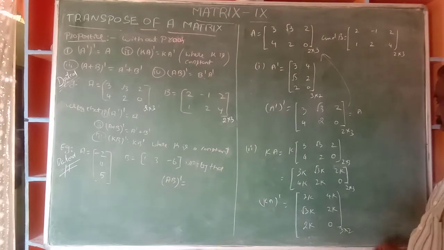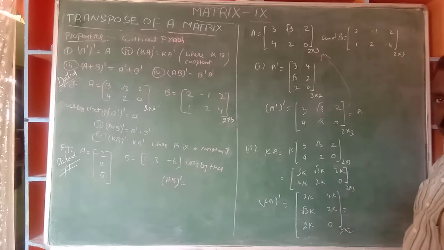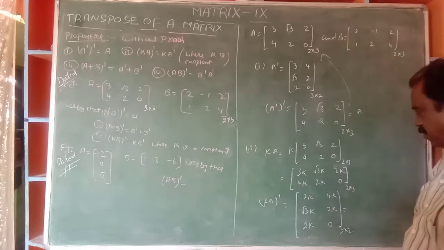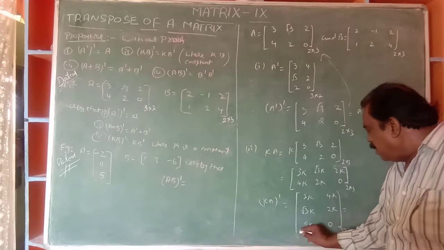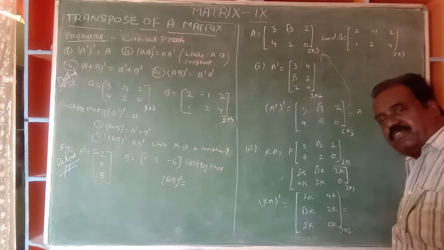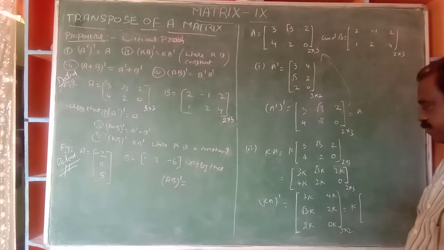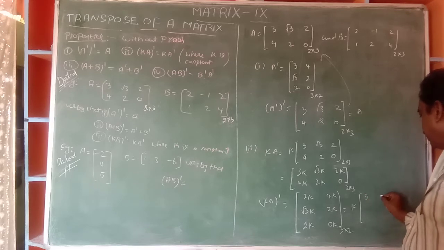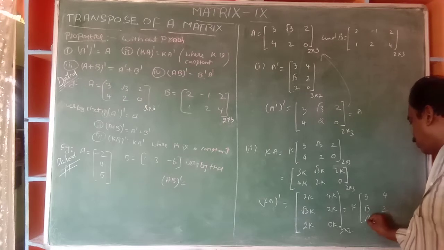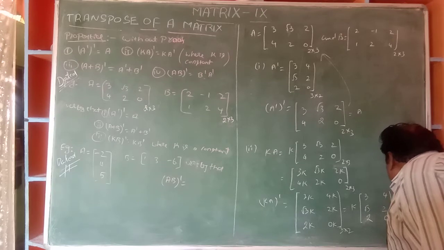You see that in each and every element of this (kA) transpose, the new matrix is a multiple of k. 0 means 0k is there. So we can take k as common.